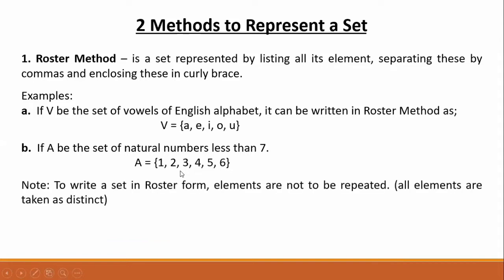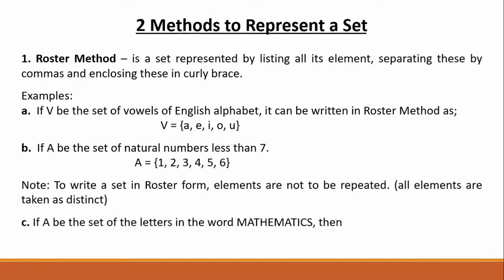Take note that to write a set in roster form, elements are not to be repeated. All elements are taken as distinct, meaning they should not repeat, they should be unique. Only once. Alright, let's have an example for that. If A is the set of letters in the word mathematics, then our set A contains letters, what? That's correct.